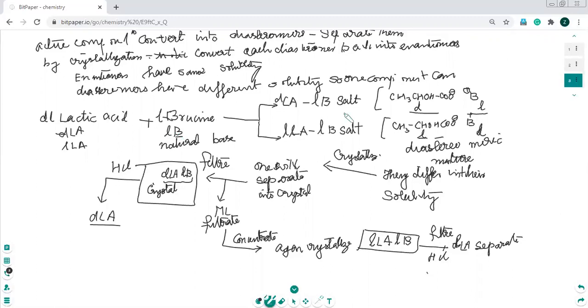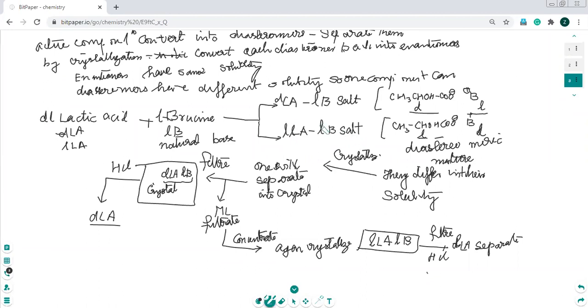Now your lactic acid is treated with L-brucine. You get a mixture of two salts. One is D-lactic acid, L-brucine salt, and second is L-lactic acid, L-brucine salt. Now on one side there are mirror images, non-superimposable, but on the other side they are identical.